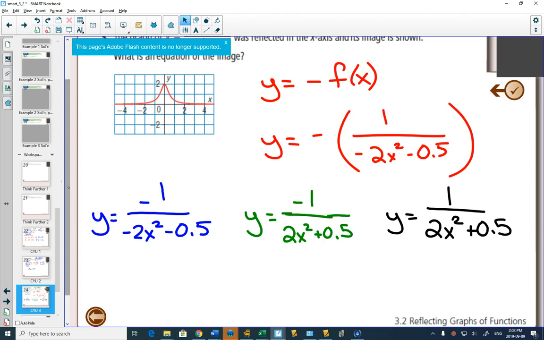So what I've tried to do is take the red equation here with the negative outside the brackets, and I tried to simplify it by not having the brackets. And I gave you 3 possibilities. They could be all wrong, all right, or maybe only 1 is right, or maybe there are 2 that are right. That's what you have to think about and try to decide at this moment.